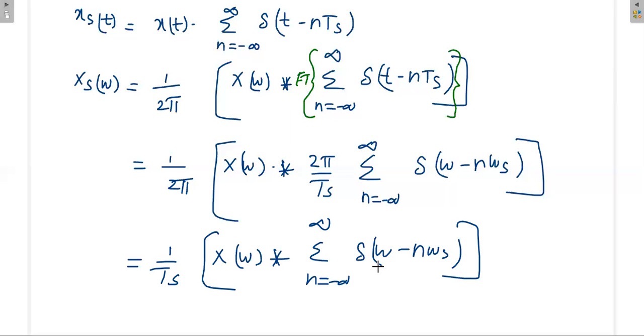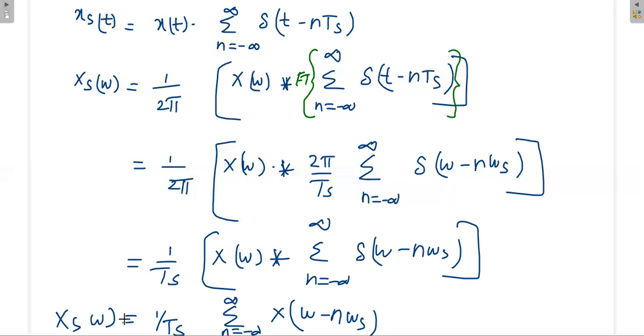Convolution of a signal with a delayed impulse means the signal will be delayed by that amount. So this becomes 1 by Ts summation n from minus infinity to plus infinity X of omega minus n omega s. This is the frequency domain representation of the sampled signal.